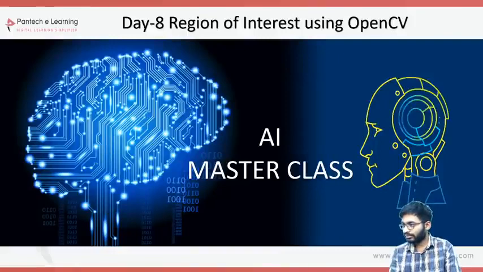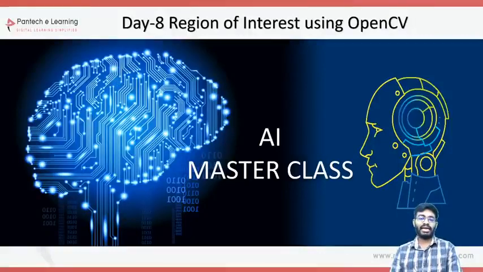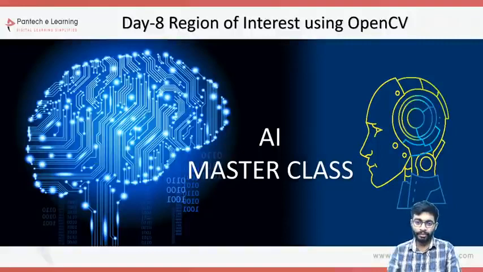What is the difference between computer vision and AI? This is the most asked question. AI is nothing but creating an intelligence. Computer vision means the computer is able to view, like how we view with our eyes.